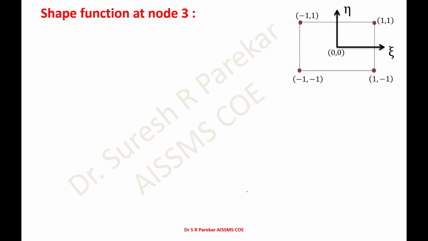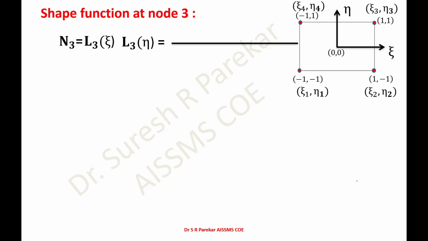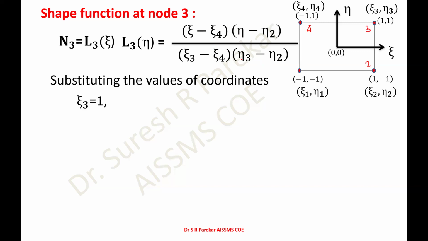Now if we go to node 3, we have nodes 4 and 2. So we have zeta minus zeta 4 and eta minus eta 2. And then below, zeta is replaced by zeta 3, eta is replaced by eta 3.